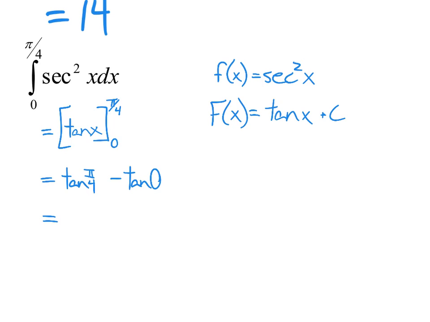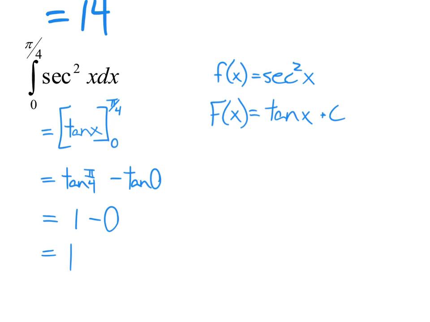What's the tangent of pi over 4? 1. It's 1. Good. And tangent of 0 is? 0. So this is 1. Okay? That's not too bad, huh? No. That's a whole lot better than doing limits and sums, isn't it?